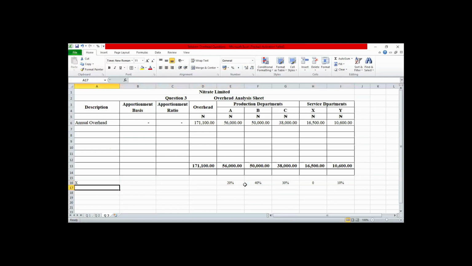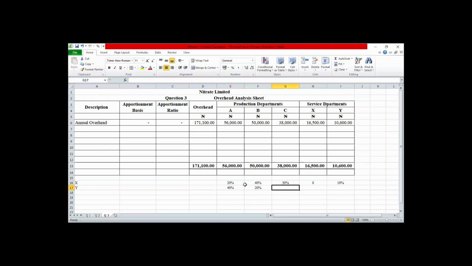We will now do the same for Y. The proportion of Y given to A is how much? 40%. The next one is 20%.